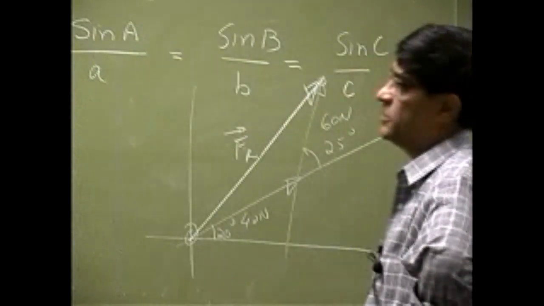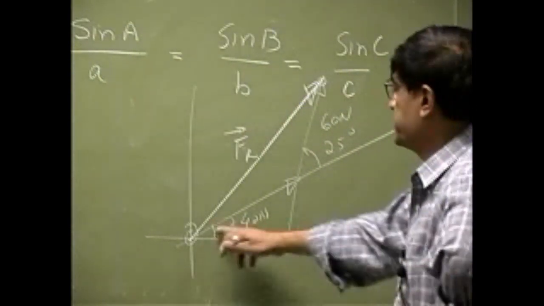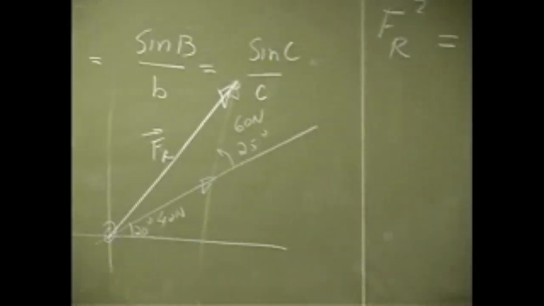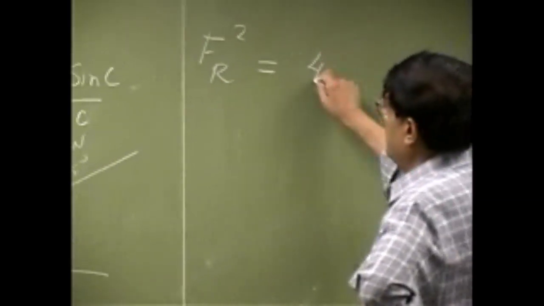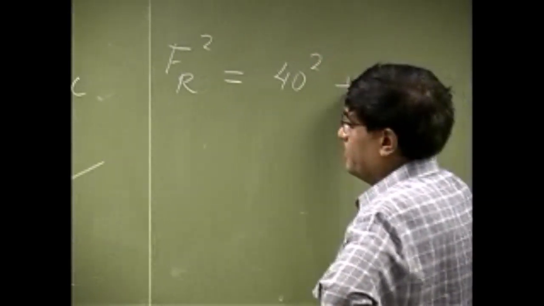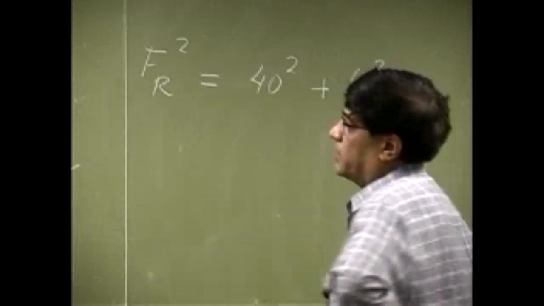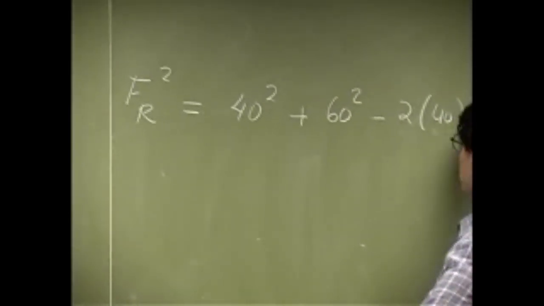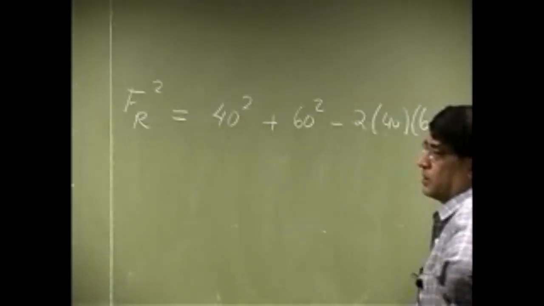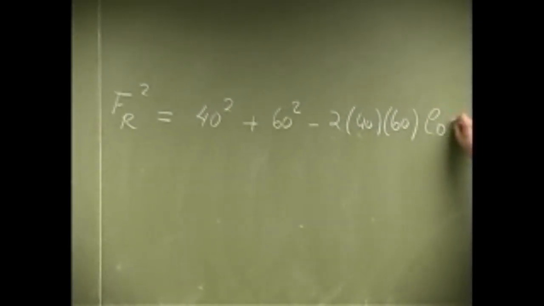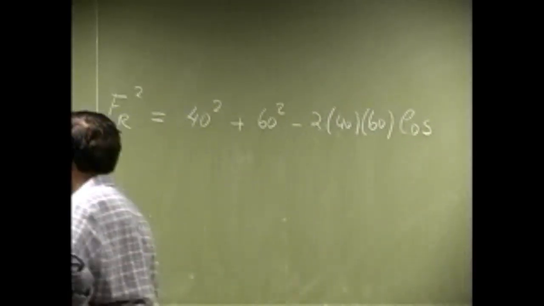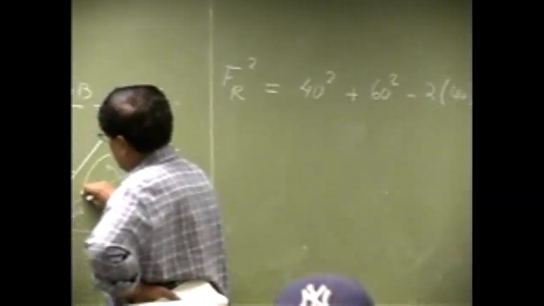And if I need to use that equation, I know this length here, I know this length here, so I can simply say that FR square is going to be 40 square plus 60 square minus 2 times 40 times 60. Then we got the cosine, and that's where we start thinking, because now we need this angle.